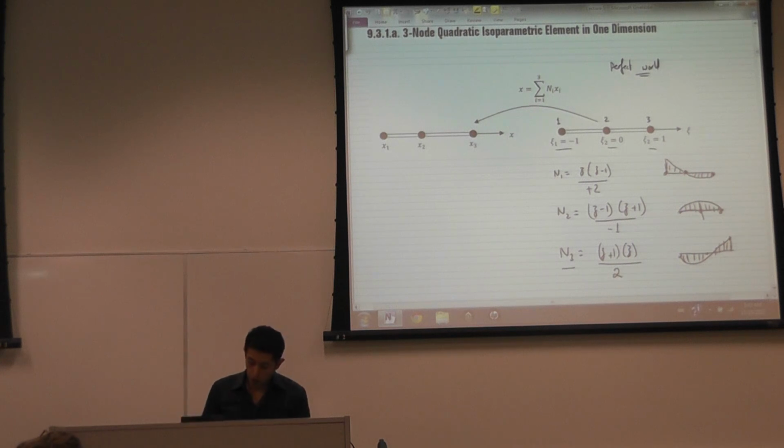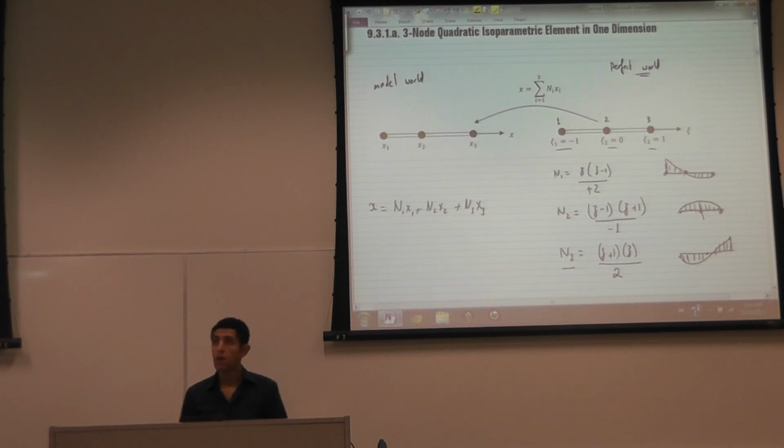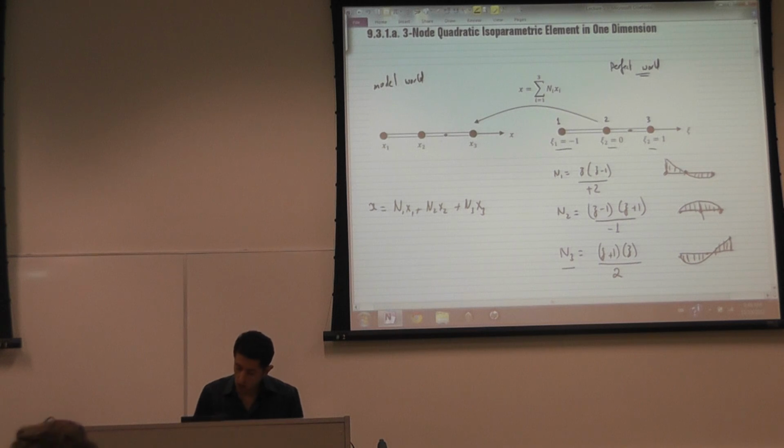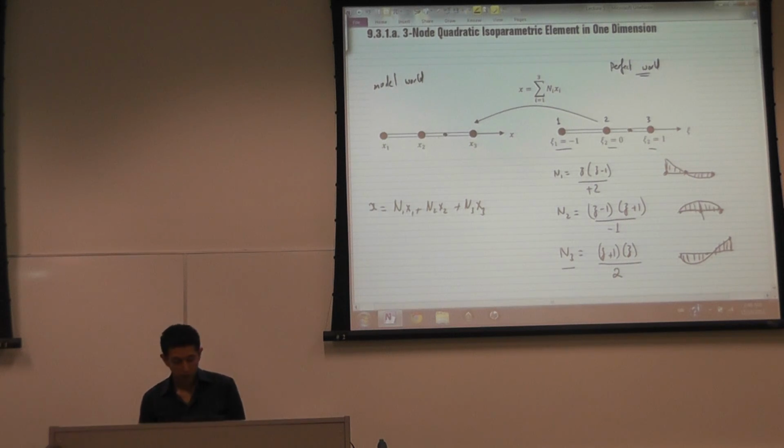And then in the model world, the coordinate x is equal to N1 x1 plus N2 x2 plus N3 x3. And so if I want to know what this point corresponds to in the model world, just input the parameter xi of this point, then you get the corresponding position in the model.